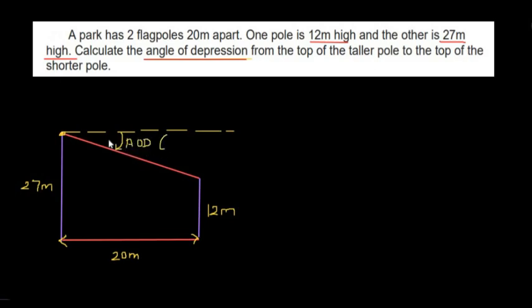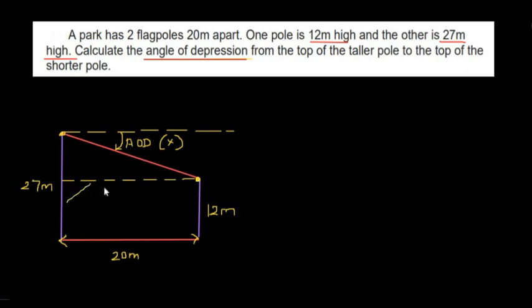So let me take that angle of depression as x. Now to calculate this, again we have to form a right angled triangle. Without a right angled triangle you cannot find it. So I'm just going to make a line over here where the 12 meter pole ends.